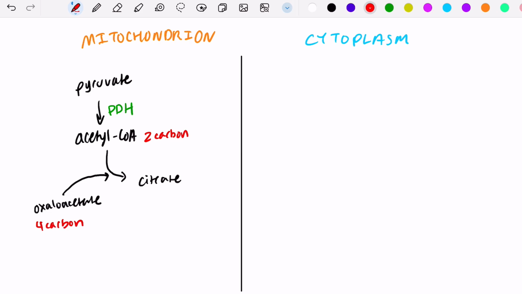So adding these together, we'll get a 6-carbon citrate molecule, right? The important thing about citrate is it's able to pass through the mitochondrial membrane to the cytoplasm. This is what we mean when we're talking about the citrate shuttle: we're using citrate as a kind of intermediate molecule that's able to pass through the membrane.